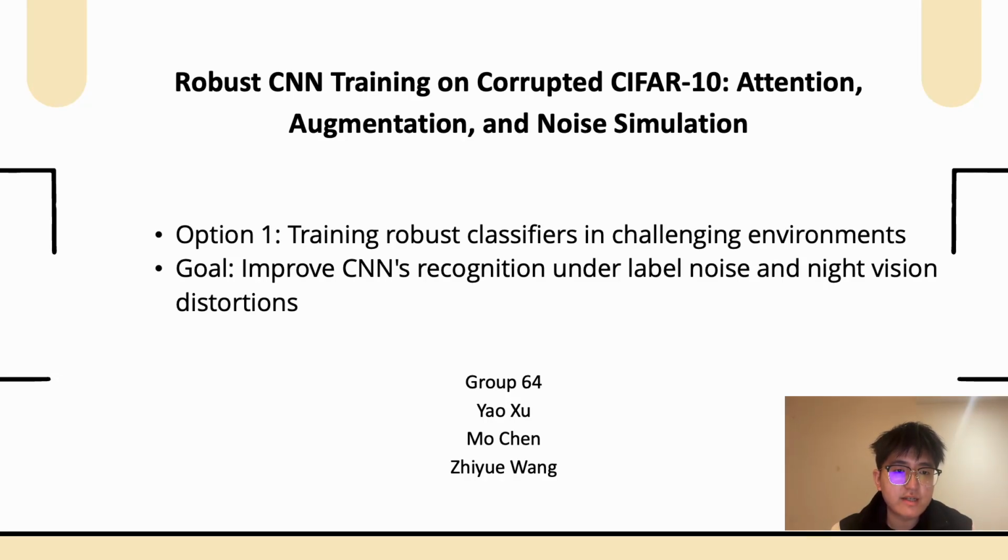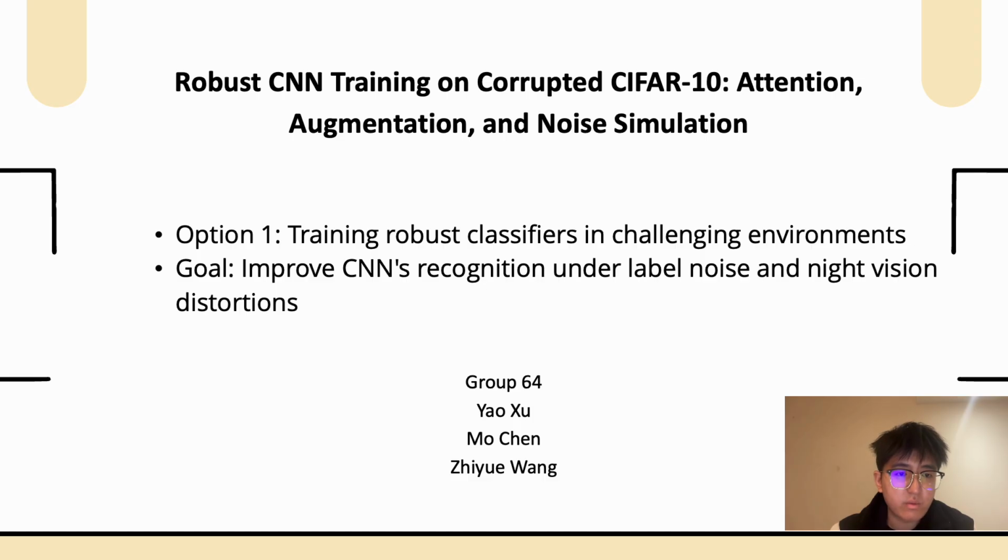This is our project on robust CNN training on corrupted CIFAR. Our main goal was to improve classification accuracy under challenging conditions, specifically when the datasets contain either incorrect labels or corrupt images. We focused on two types of imperfections: label noise and night vision disturbance.